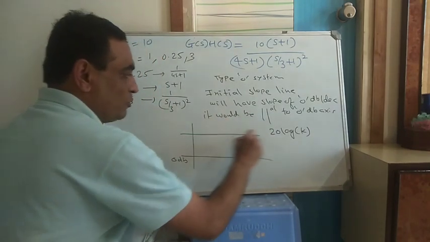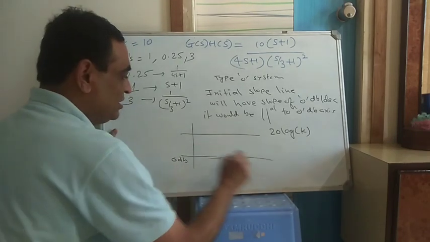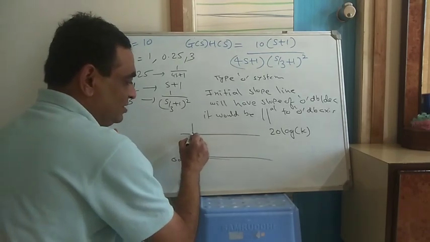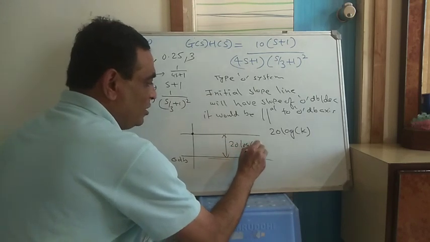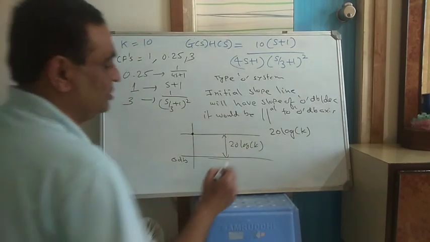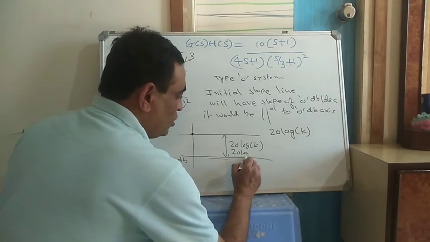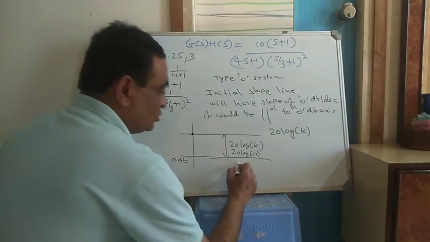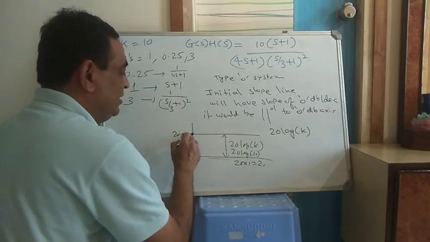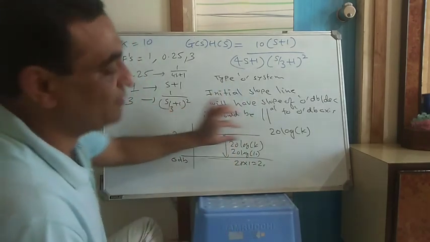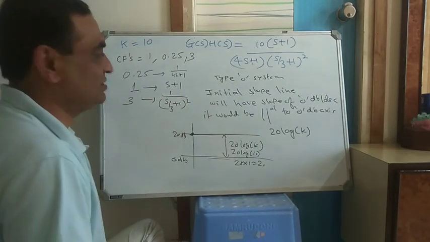The initial slope line is parallel to the 0 dB axis, but from where it will start, this distance is 20 log of k. What was k? k was 10. So 20 log of 10. Log 10 is 1. So 20 into 1 is 20. So this distance is 20 dB. Okay. So it will start from 20 dB, parallel to the 0 dB axis.